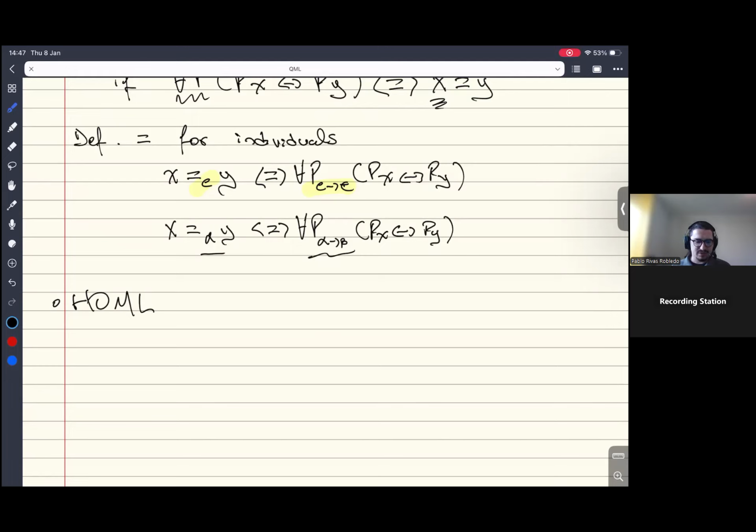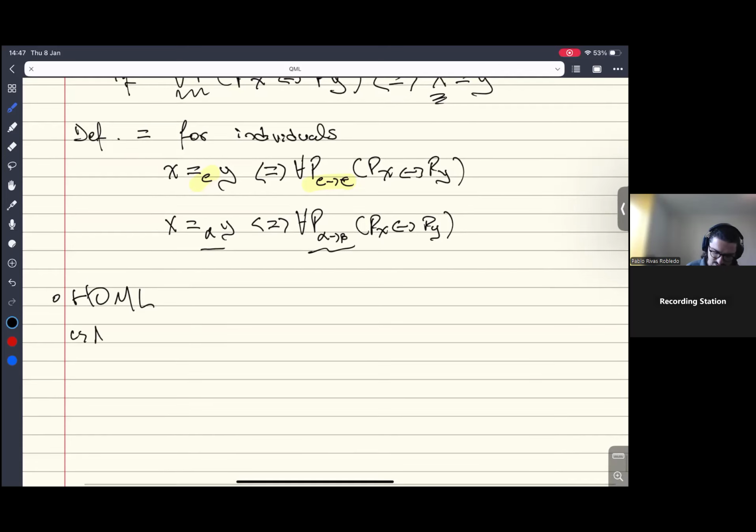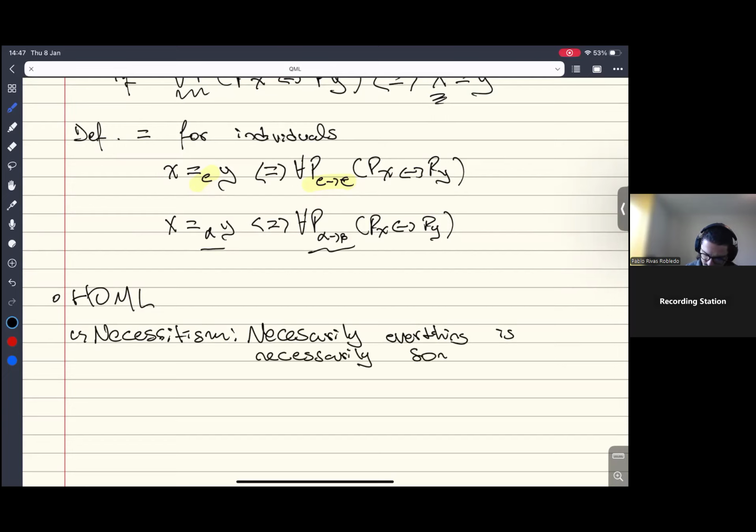So what is necessitism? Remember that necessitism means that necessarily, everything is necessarily something.